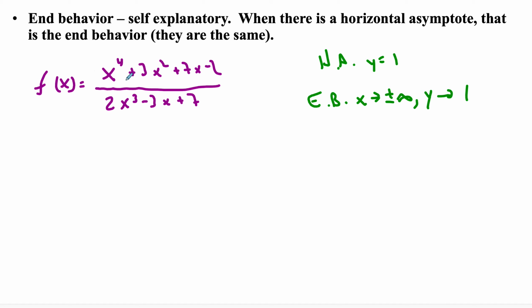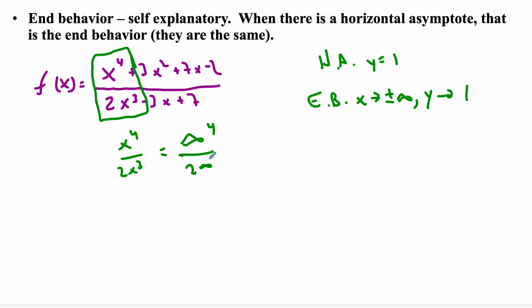If in this case we're looking at something like x to the 4th over 2x cubed, we can still just isolate and take a look at the highest degree. And if we plug in infinity, we get infinity to the 4th over 2 times infinity cubed, which is infinity over 2. So what this is doing is looking something like that, because we could divide this out and it has an oblique asymptote.